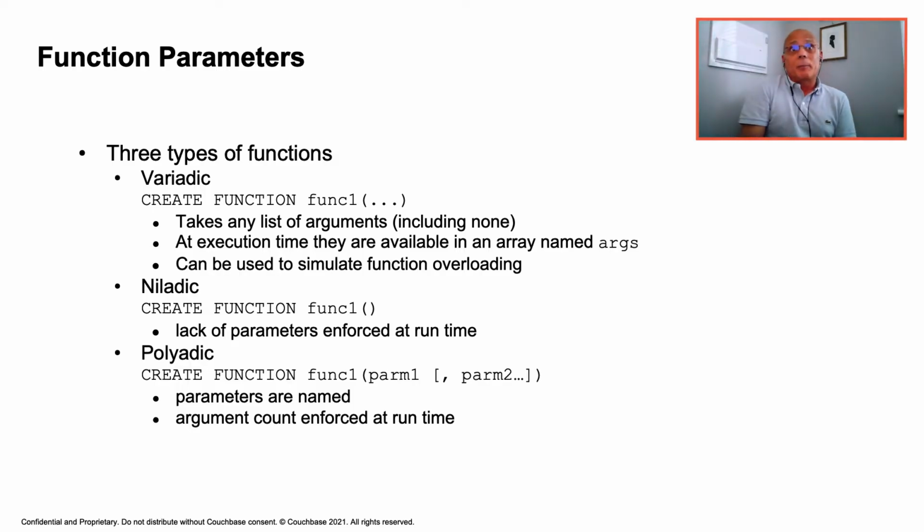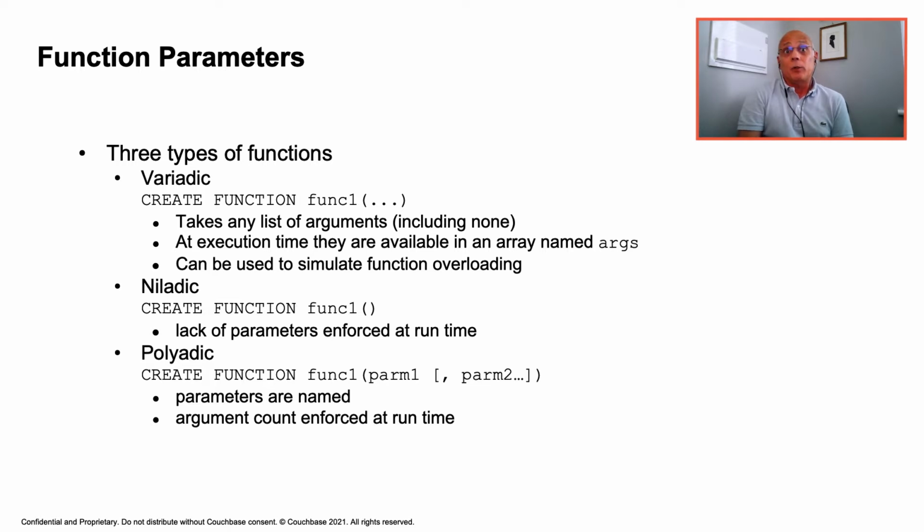So delving a little bit more into the operation, we have got multiple types of functions which are differentiated by the parameter list that you're going to pass. You can have either functions with a fixed number of parameters, and in which case the parameters are named.